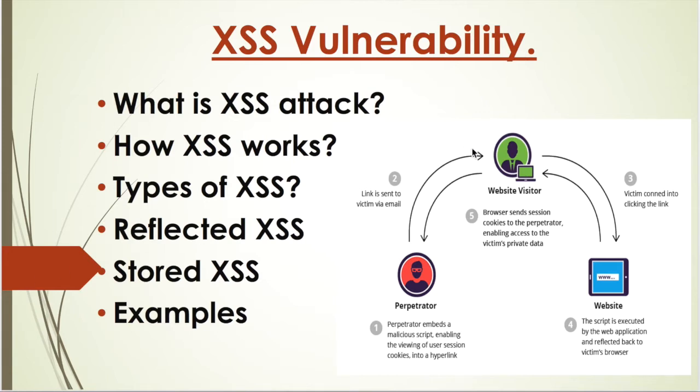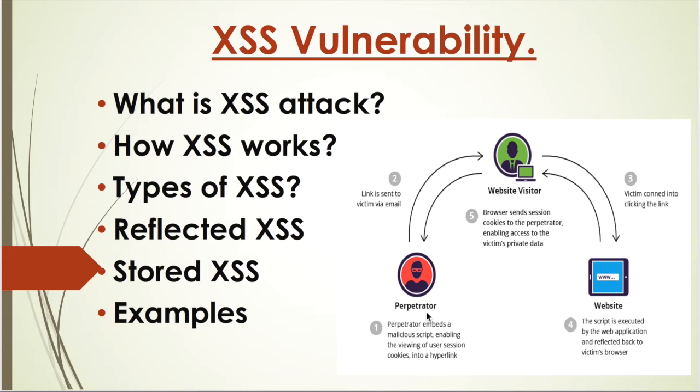As we can see here in this graph, this is a perfect example of a cross-site scripting scenario where the attacker or perpetrator embeds malicious code, and in this case he's trying to steal cookie information. The attacker sends a URL to the victim.